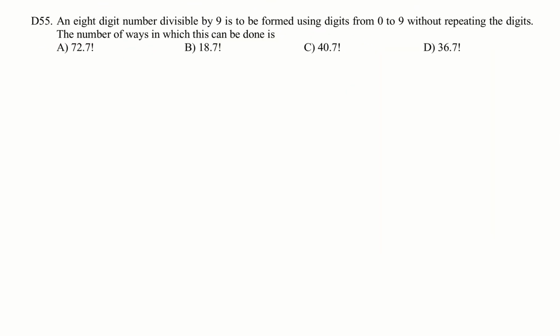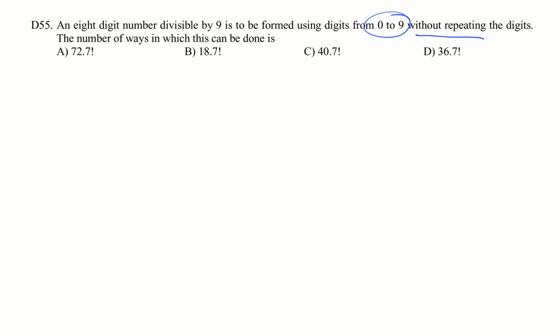So in this problem we have to form an 8-digit number divisible by 9, using the digits from 0 to 9, without repeating. As it has to be divisible by 9, ultimately the sum of the 8 digits must be a multiple of 9. Observe that the sum of all the digits from 0 to 9 is 45.